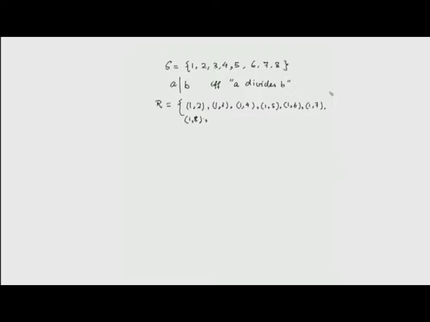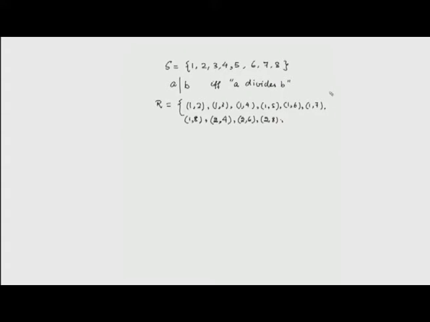Then if we start with 2, we have 2 does not divide 1, but 2 divides 4, it does not divide 3 either, 2 does not divide 5, but 2 divides 6. So, we have got 2 4 and 2 6, 2 does not divide 7, but 2 divides 8. So, we have got 2 8.